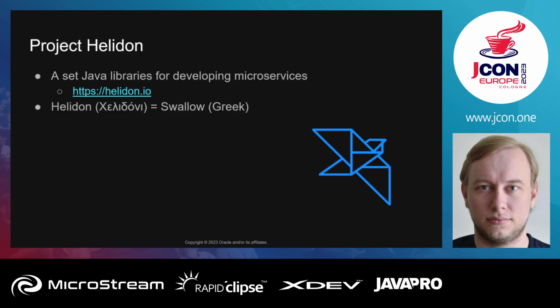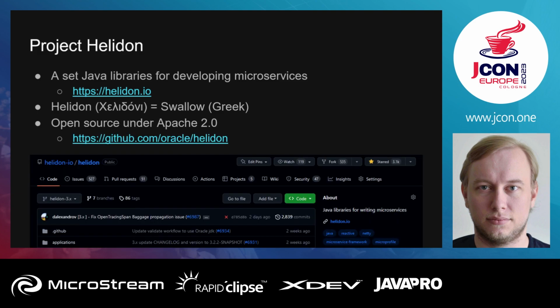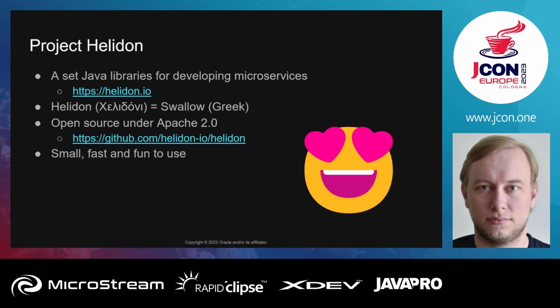Helidon comes from the Greek word for swallow, so that's where the name came from. Also important to note that we are open source under Apache 2, and Helidon is small, fast, and definitely fun to use.